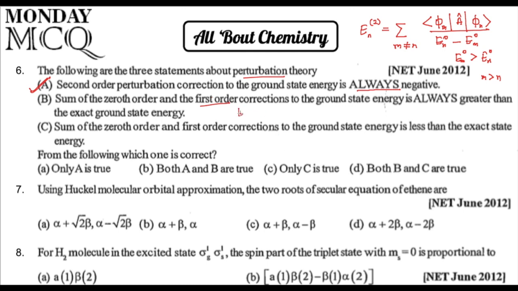So the sum of the zeroth order energy plus the first order energy correction, to any state, here the ground state, is always greater than the exact ground state energy value. So the second statement is also correct.